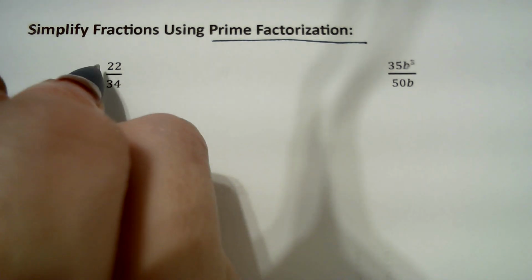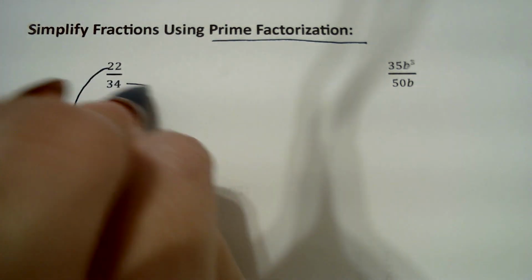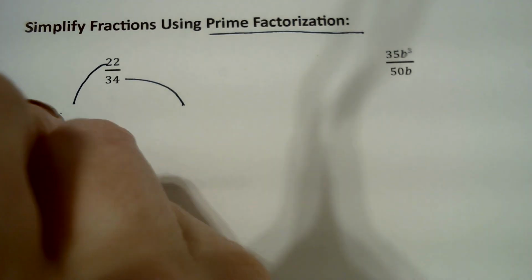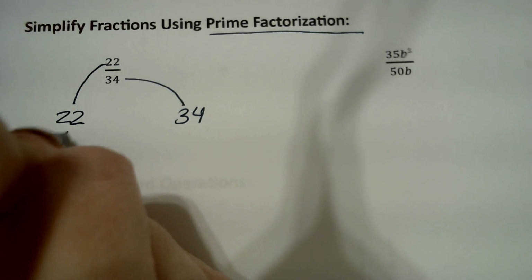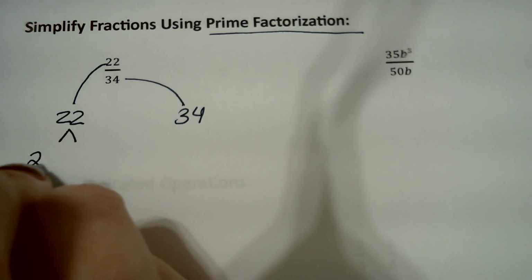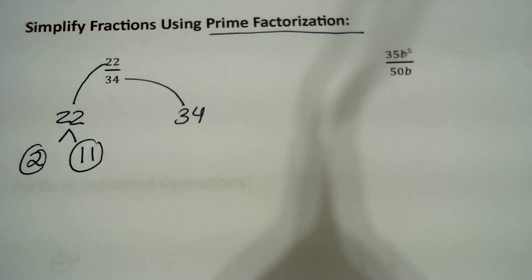The first thing we do is take each of our pieces of our fraction, our numerator and our denominator, and we're going to find the prime factorization of each one. So I'm going to start with 22, which is 2 times 11. So that's already simplified there, and that's both prime.